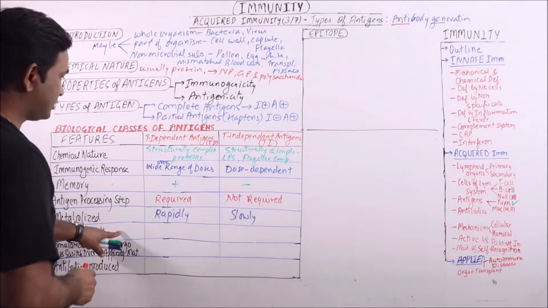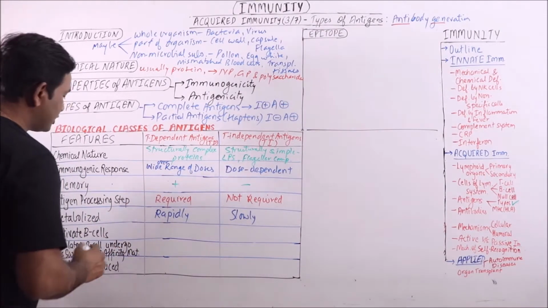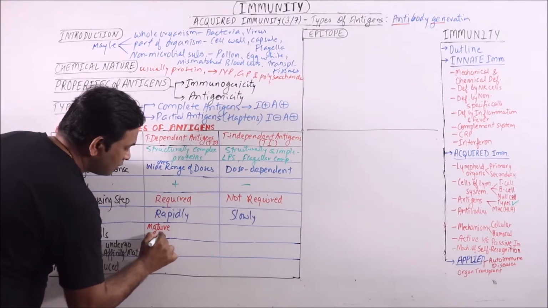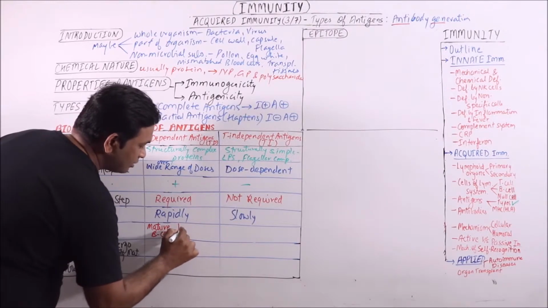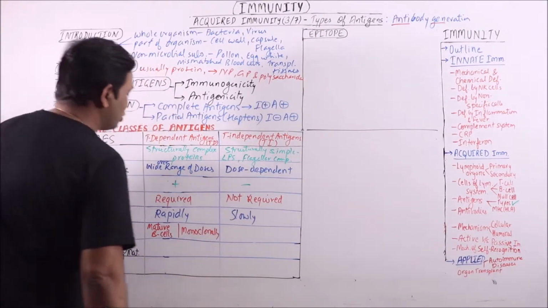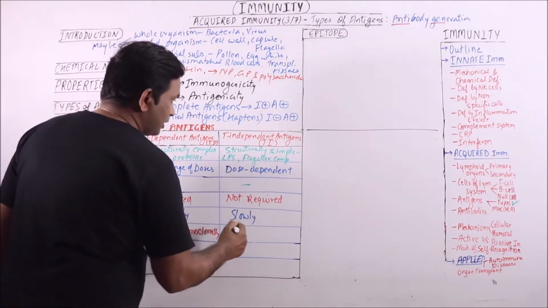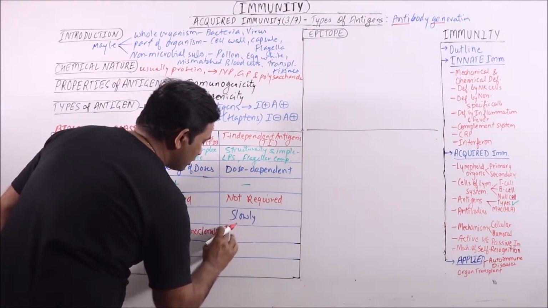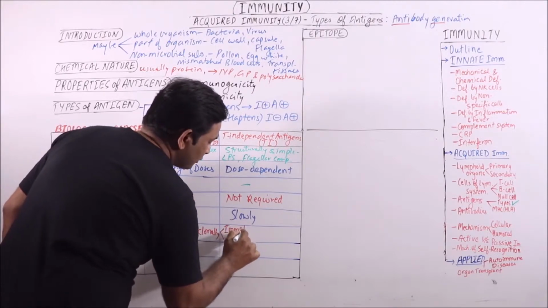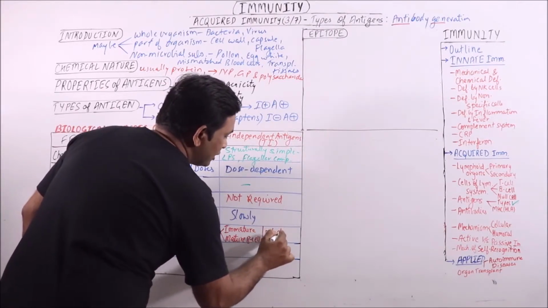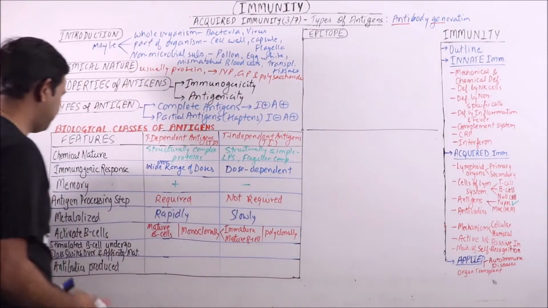Both of these activate B cells, but important thing is that it activates mature B cells, and the activation is monoclonally, while the T-independent antigens activate both immature and mature B cells and polyclonally by manner.